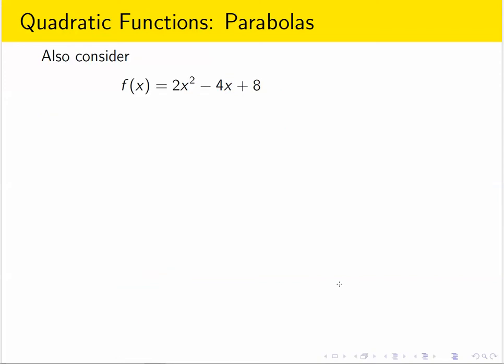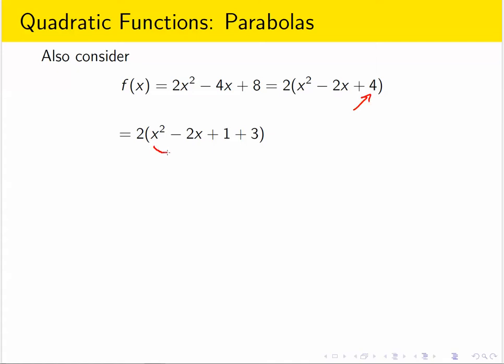Here's another example. This time I have a coefficient in front of the x squared. So the first thing I'm going to do is pull that coefficient out. Factor it out from the entire expression. So that leaves me with 2 out front, and then x squared minus 2x plus 4 inside parentheses. And I can use the same trick we just did, where I split the constant up into two separate pieces.